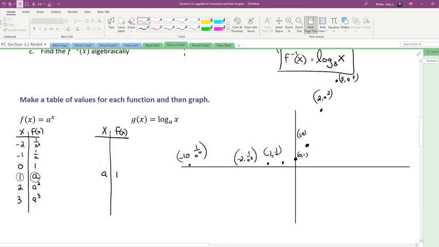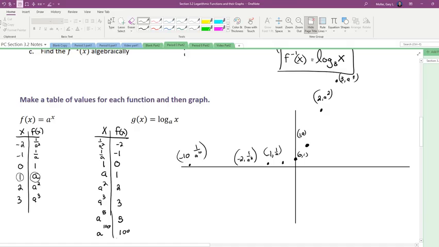I have 1 leads to 0. 1 over a leads to -1. 1 over a squared is -2. a squared is 2. a cubed is 3. a to the 5th would be 5. a to the 100th would be 100, right? Very, very simple and predictable.